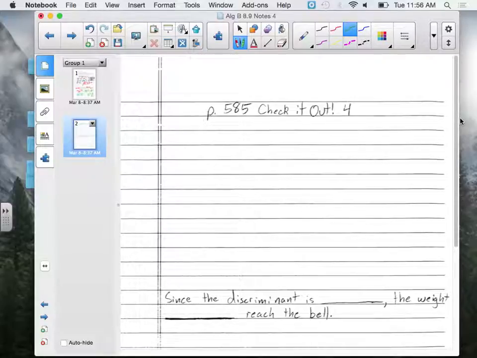What if, suppose the weight is shot straight up with an initial velocity of 20 feet per second? Will it reach the bell? Use the discriminant to explain your answer. All right, thank you. So it's the same situation, right? But we have the same equation that they give us.